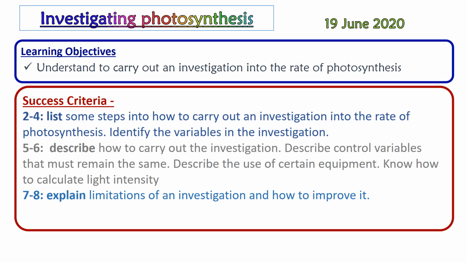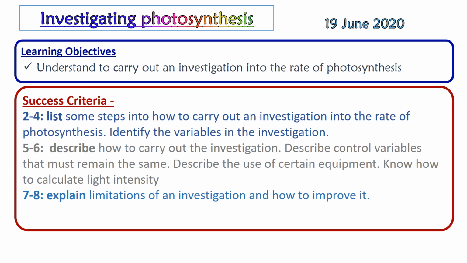So well done for taking part in this lesson. Obviously, sorry that you are unable to carry out this practical, but I'm sure when we get to year 11, we'll be able to go back over these required practicals that have been missed so that you better understand what it is that you're doing and why it is that you're doing it.